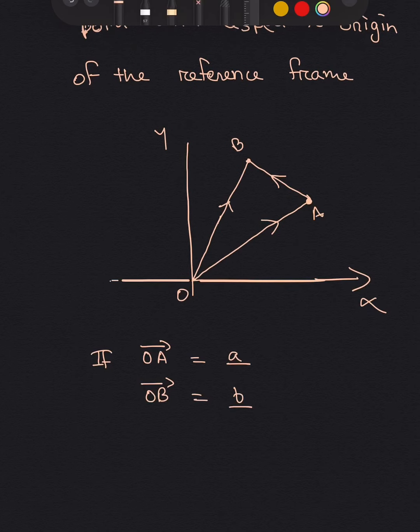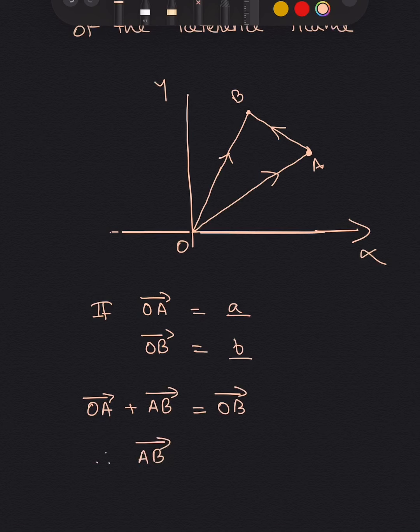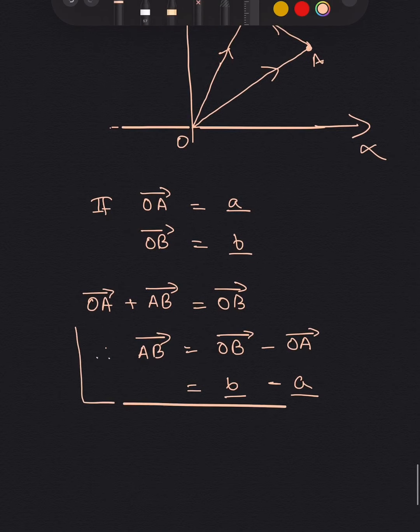If OA vector denotes A vector and OB vector denotes small letter b vector, then by applying the vector law of triangle, we get OA plus AB equals OB. Therefore, AB vector equals OB minus OA, which is denoted by B minus A. In this way, we can calculate the position vector of a point.